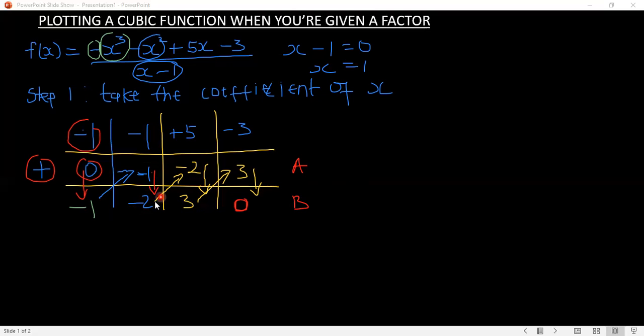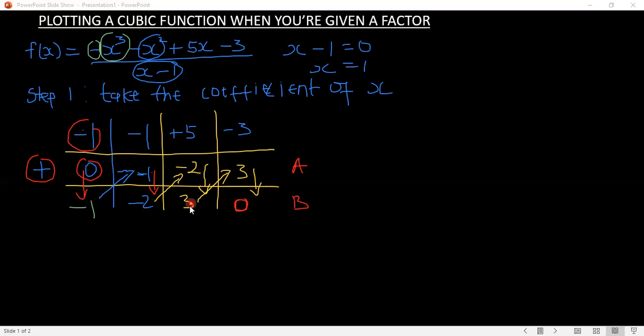Then after that, from B to A, we multiply. It's going to be -2 multiplied by our x value. Our x value is 1. So -2 times 1 is -2. Then from A to B, we add. So we're going to say +5 plus -2, we get +3.